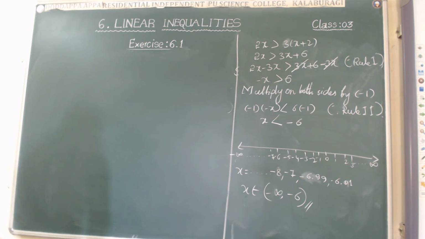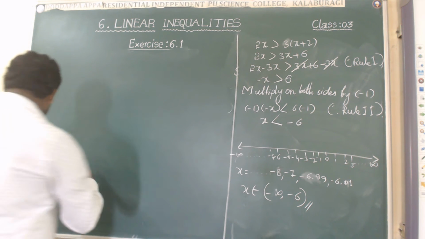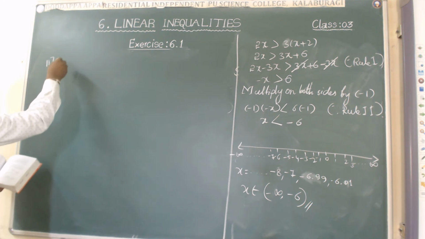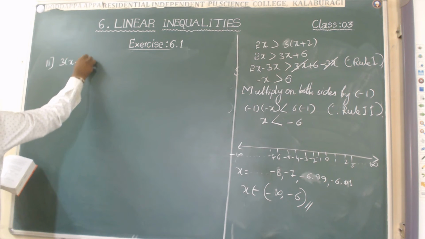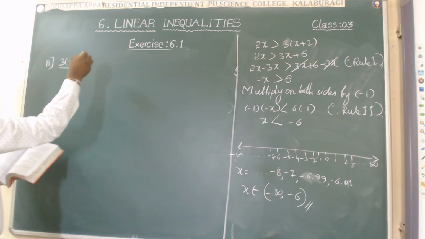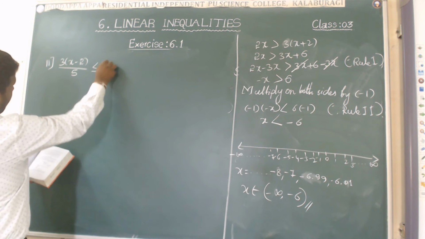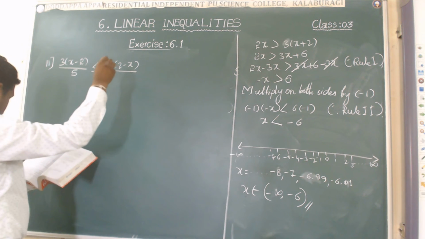The 11th question is this: 3 of x minus 2 upon 5 is less than or equal to 5 into 2 minus x upon 3.